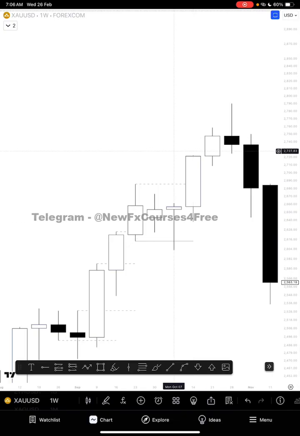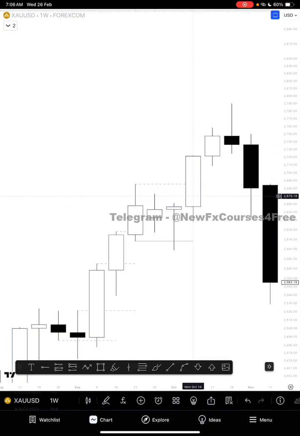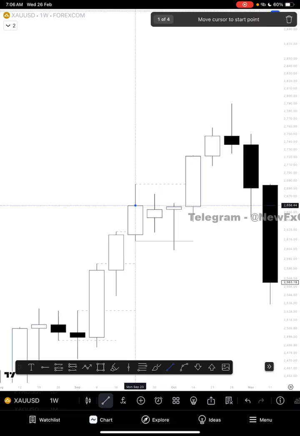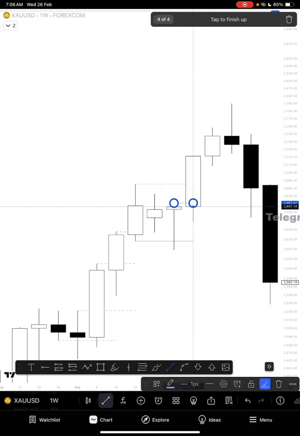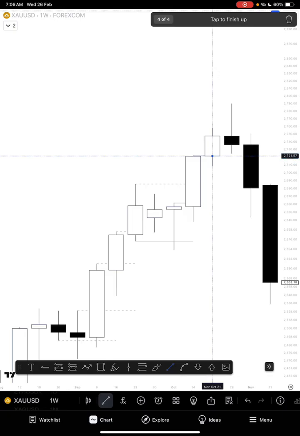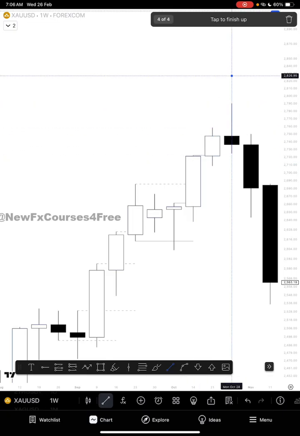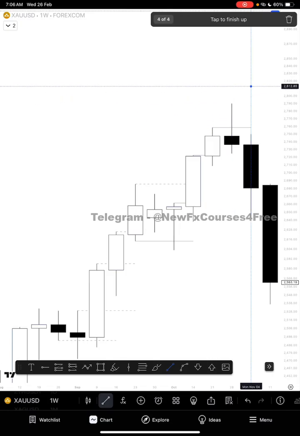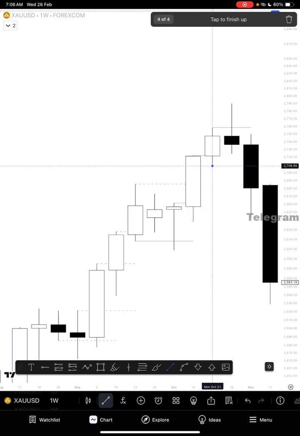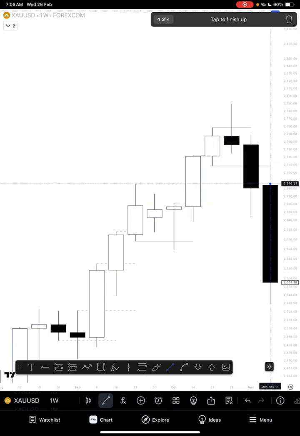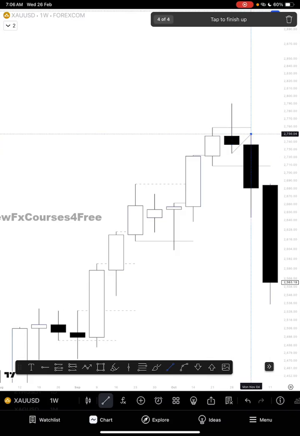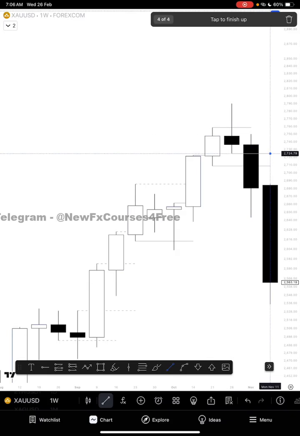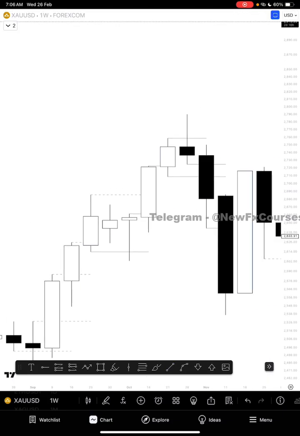Market explodes through the CRT high, close above, close above, close above. Then here we got a reversal. Wick above. Here, wick above, lower prices. Then here, close below this candle range low equals lower prices, close below lower prices.